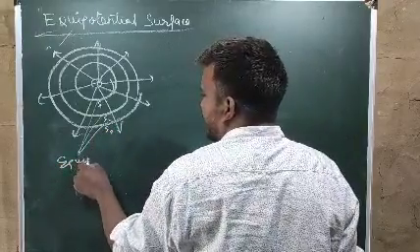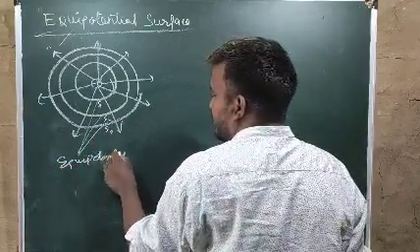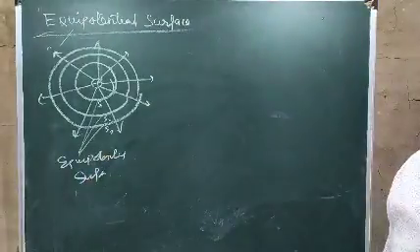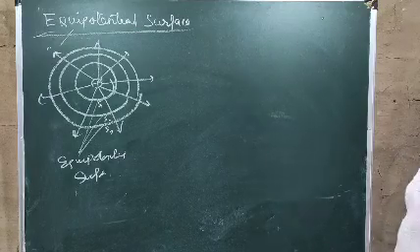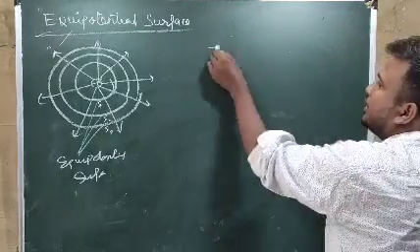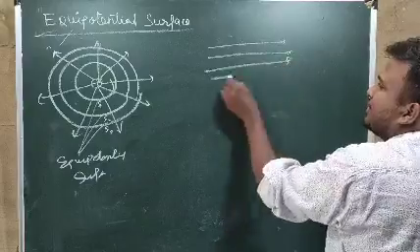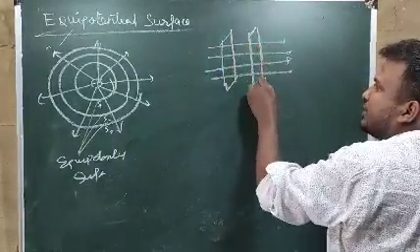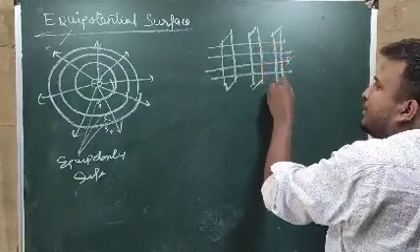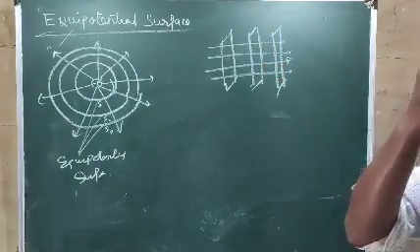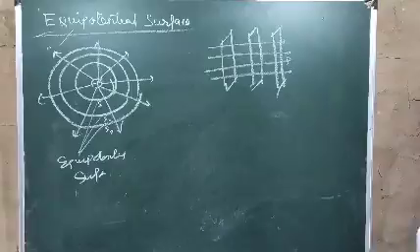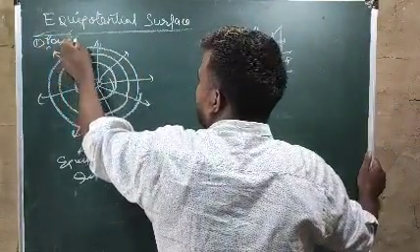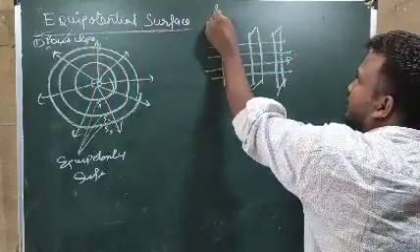This is the equipotential surface for a point charge. Now, if the electric field is uniform, then the equipotential surface will be a simple plane surface. This is number one for a point charge, and this one is for a uniform field.